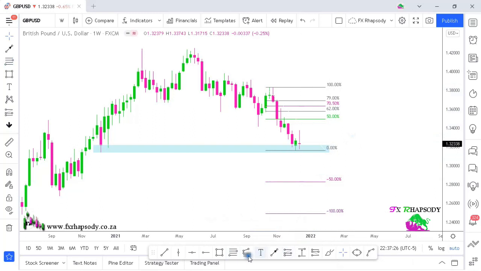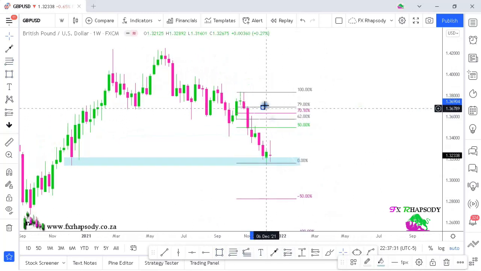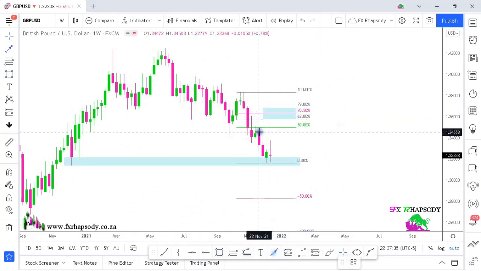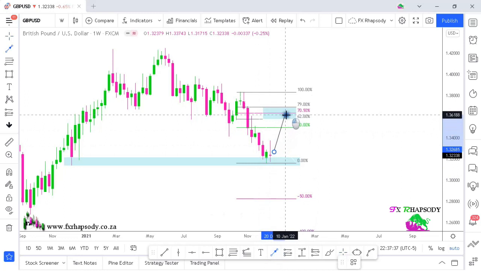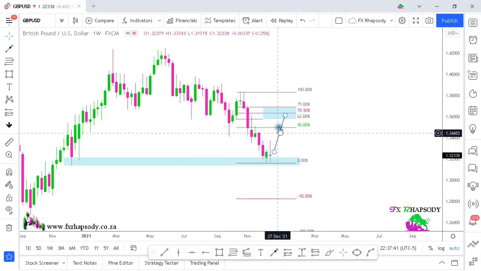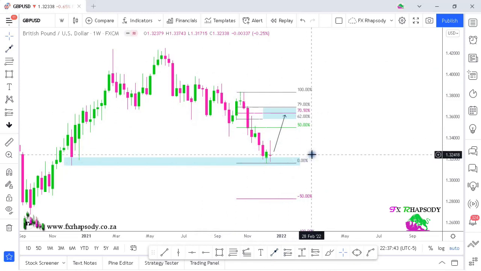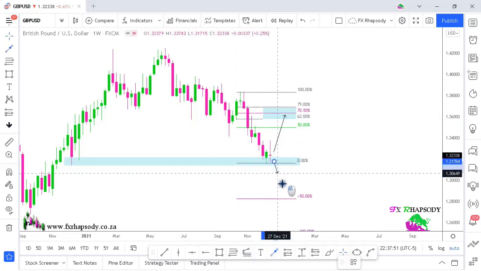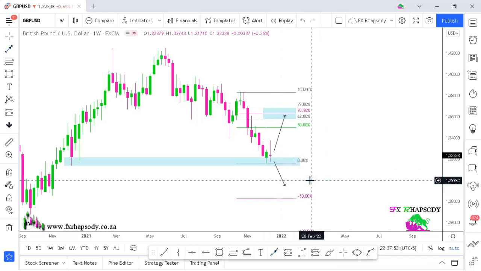And what we're expecting the price to do is, again guys, we're not predicting it, but looking at the following trend for the downtrend, we're expecting price to come and retrace back to the 62%. But again, it is sitting on this area of support. There's a big possibility for this area to be broken and price carrying on down to the downside.